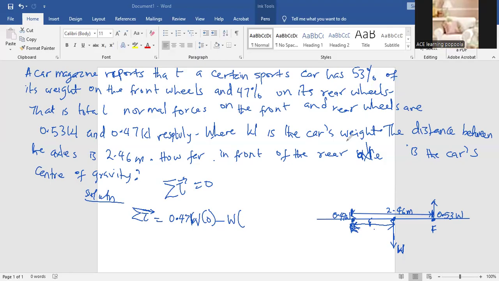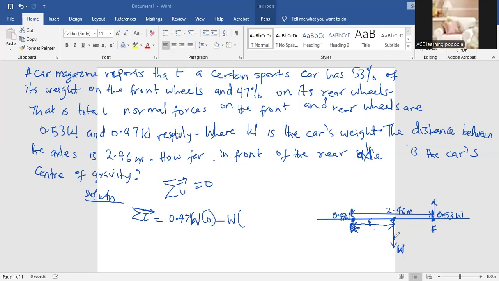So we need to consider which ones will be our clockwise and anti-clockwise moments. We'll take clockwise moments as negative and anti-clockwise moments as positive. If we're taking the moment about this point, then on this point, this R, there will be no moment. That's why it is 0.47 W times 0.